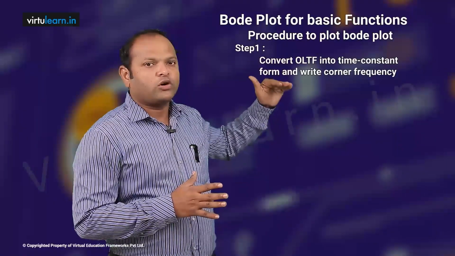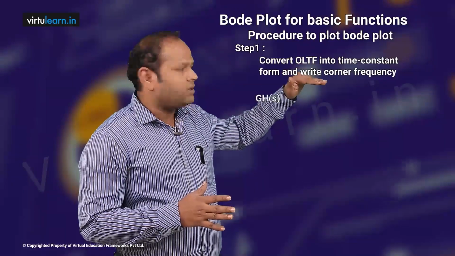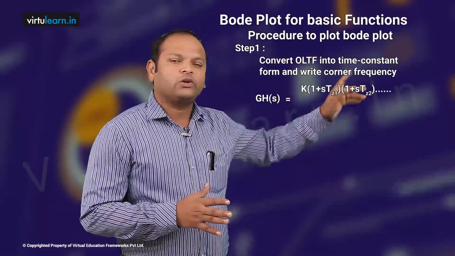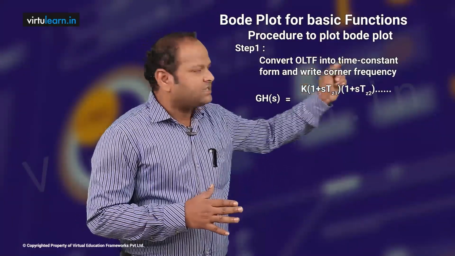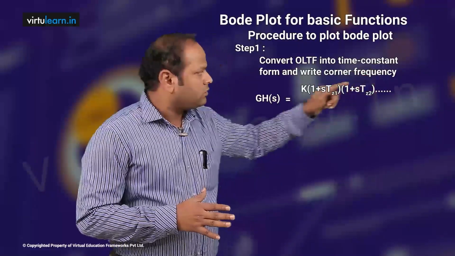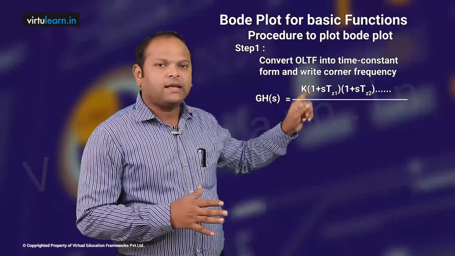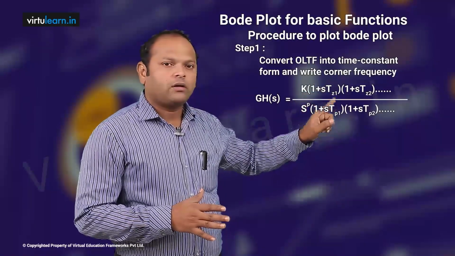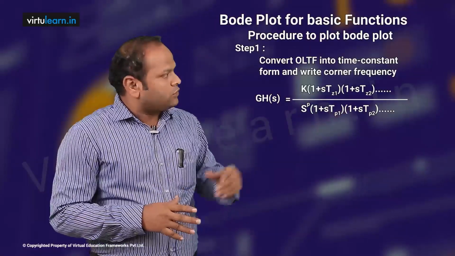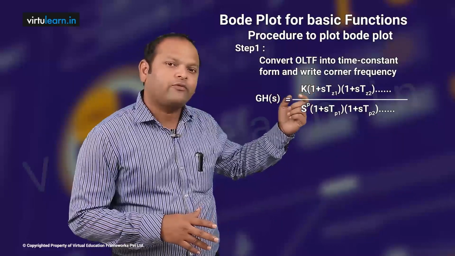So we know the time constant form, G(s) or G(s)H(s) is K, which is a gain, into (1 + sTz1) into (1 + sTz2) dot dot dot upon we have s^p into (1 + sTp1) into (1 + sTp2) dot dot dot.